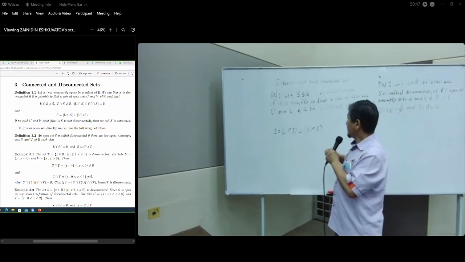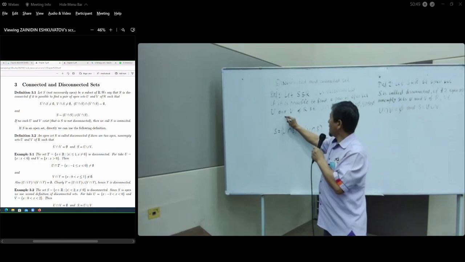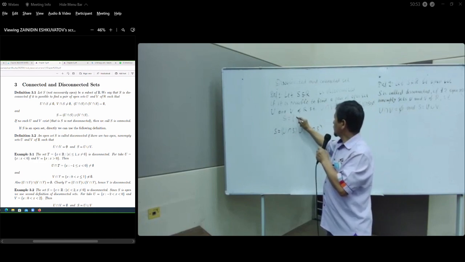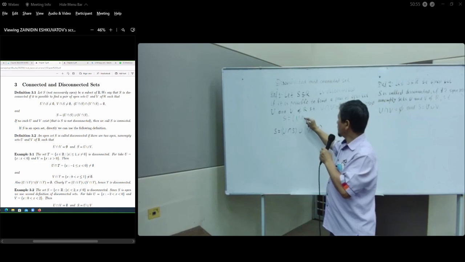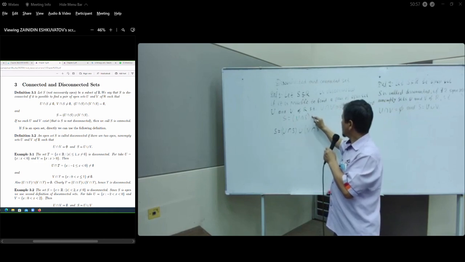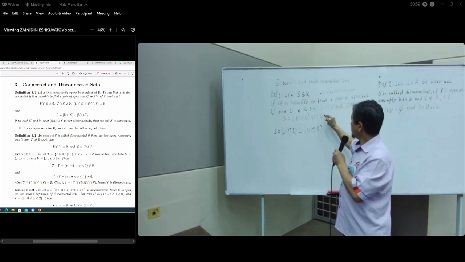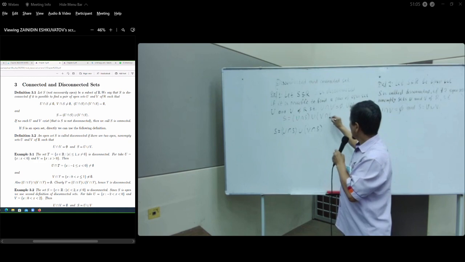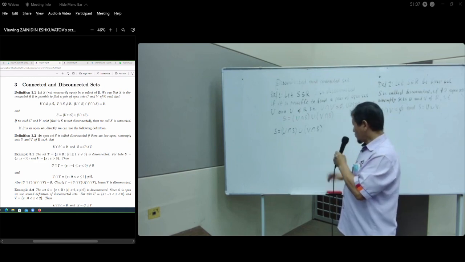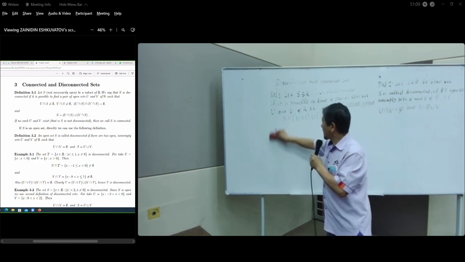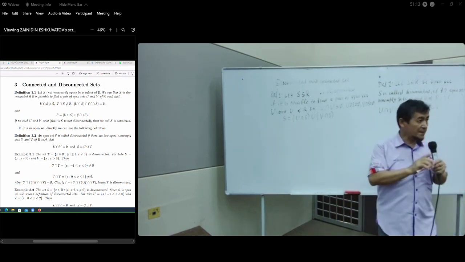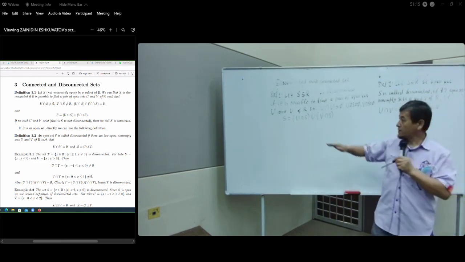Then S can be written as the union of U intersection S and V intersection S. In both cases, U and V are disjoint open sets.